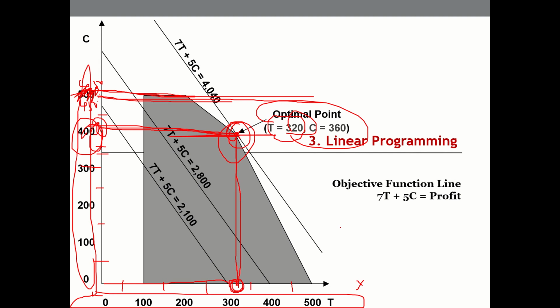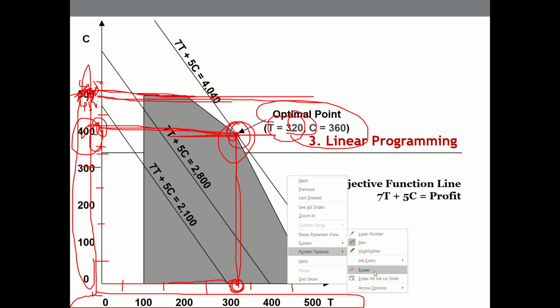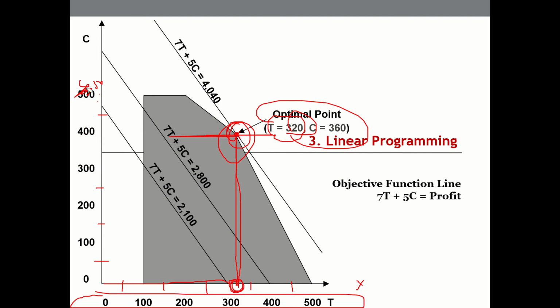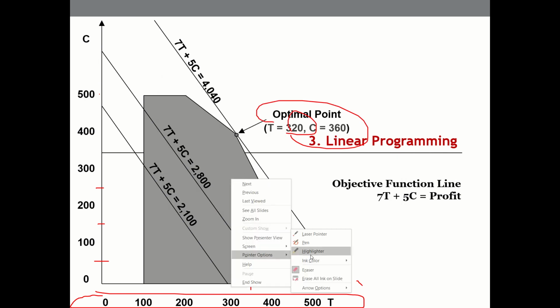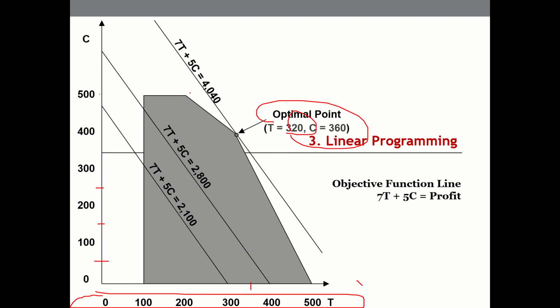Let us also ask some other questions so that we are clear on the concept. What is the intercept for this point? Let us assume this is 500. 500 is not feasible, actually; we said 450 is the highest line.